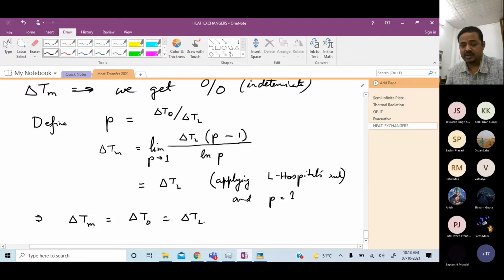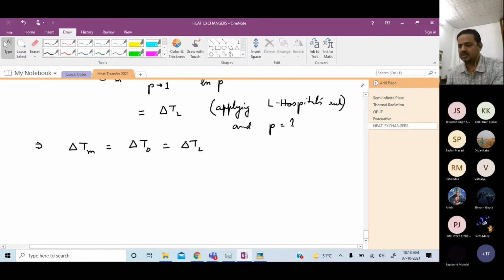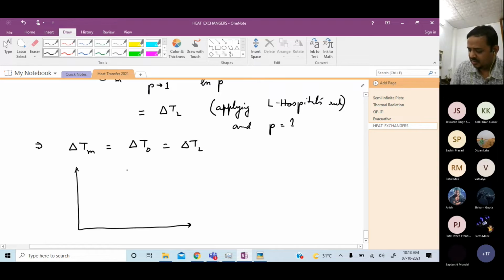What does this physically mean? Okay, the mathematics. But physically, it means that not just at the two ends, everywhere this difference is going to be constant.